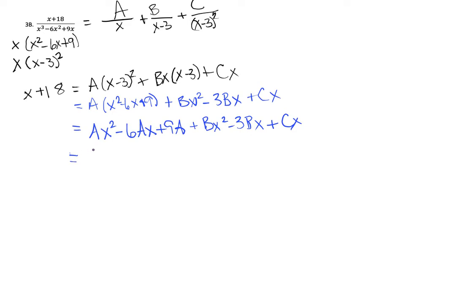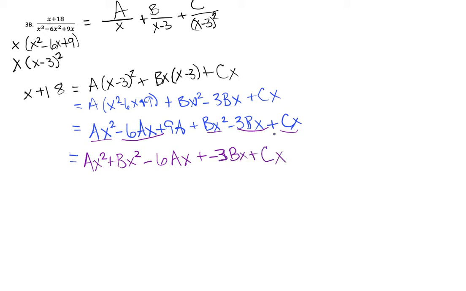We'll see. So I'm going to group my squareds. And then my x's, which is here, here, and here. Whoops, -3. And lastly, my constant of 9A.